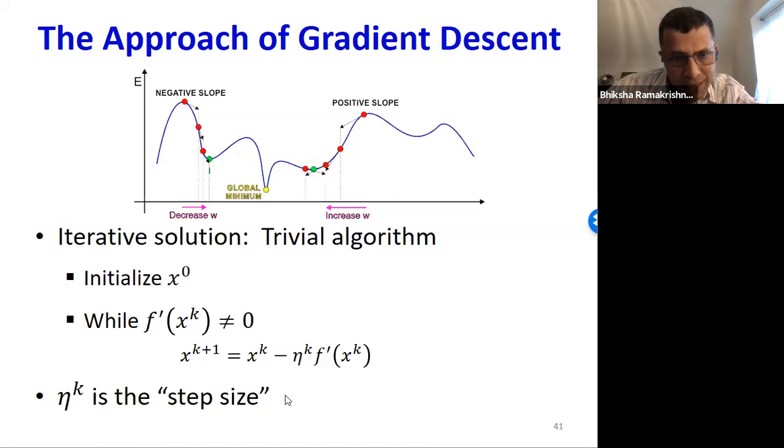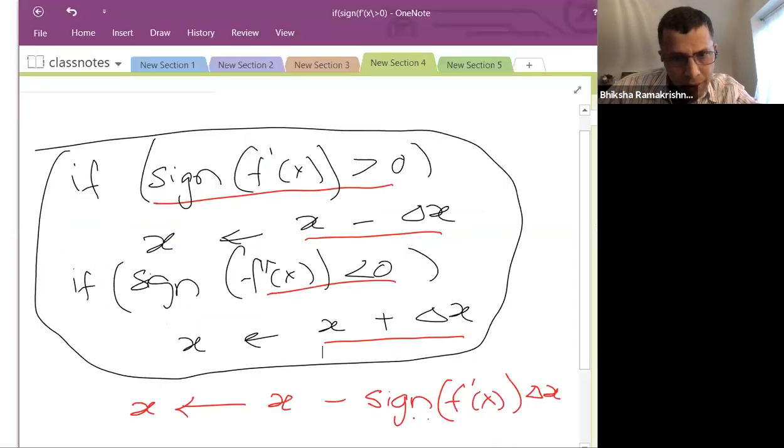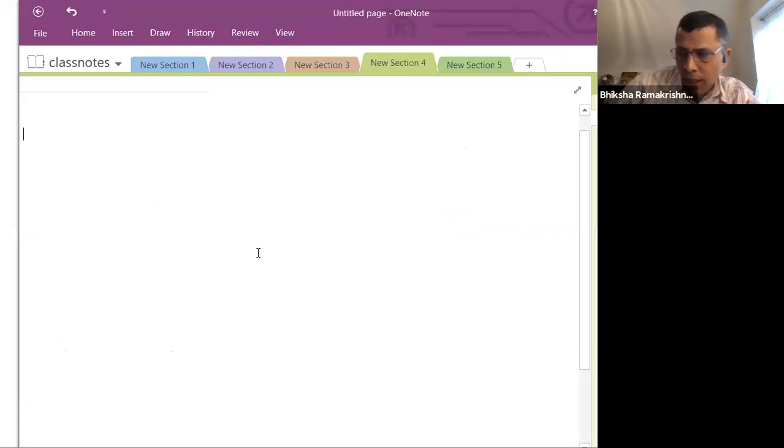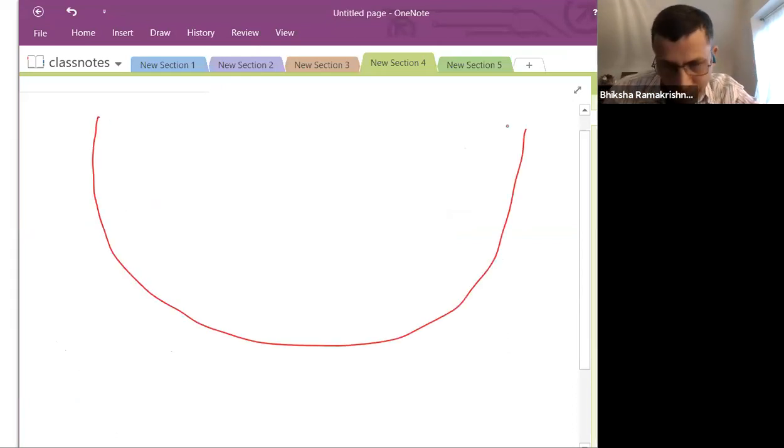Now this has a very nice property. And what is that? If you have a nice function, it's going to look like so, right? It's got a nice bowl with a nice, beautiful minimum. Then over here, what is the magnitude of the derivative going to be? Is it going to be large or is it going to be small?